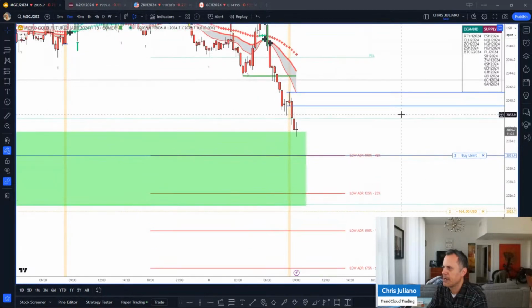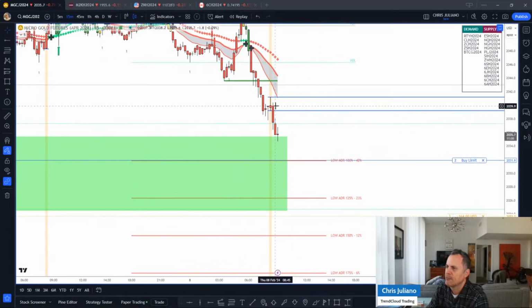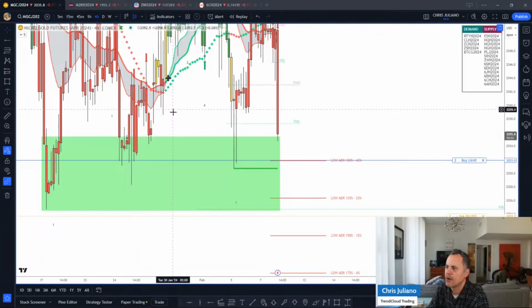We've also got the opening range breakout with a really nice, I guess you could call this a drop, base drop, right? Drop, base, drop. So if we pull back into here, yes, we can make another move down into this area. However, the dilemma here is that we are inside of the demand zone that we drew on that 4-hour chart.